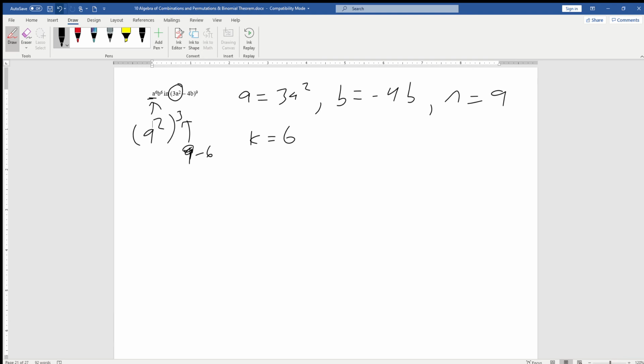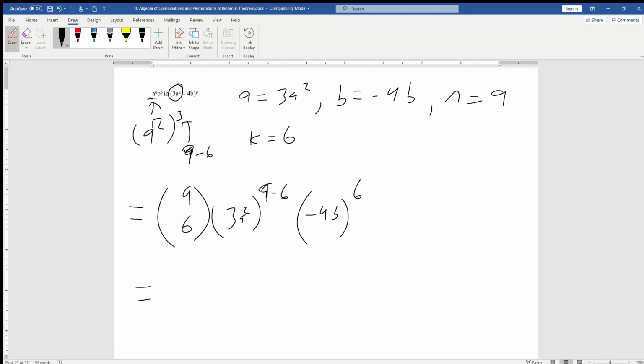All right. Now we're looking for the expanded polynomial a6, b6. So that's going to be equal to 9 combination 6, 3a squared to the 9 minus 6, and then finally negative 4b to the 6th power. We're going to do some computation. So 9 combination 6 is going to be 84.